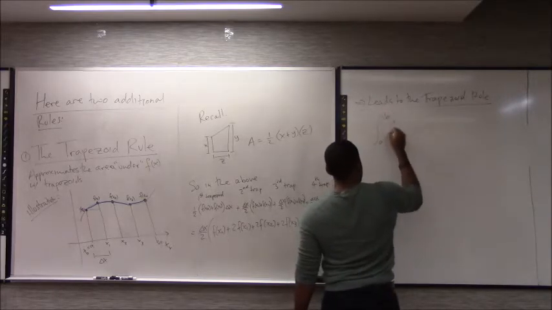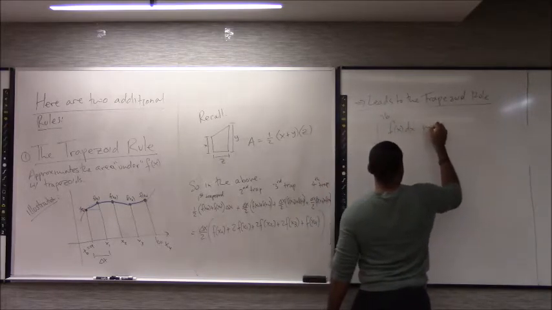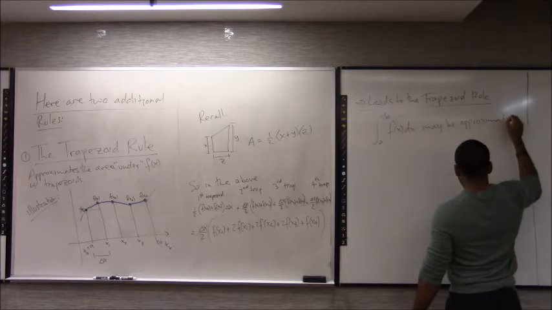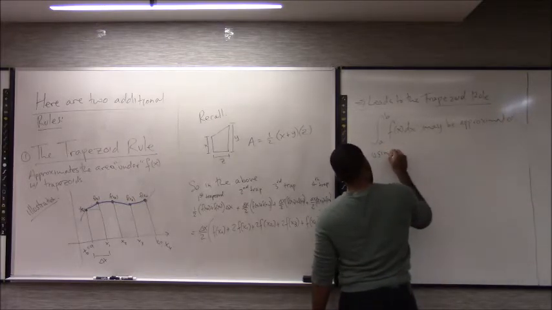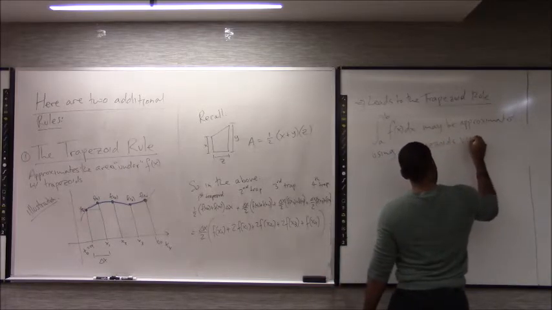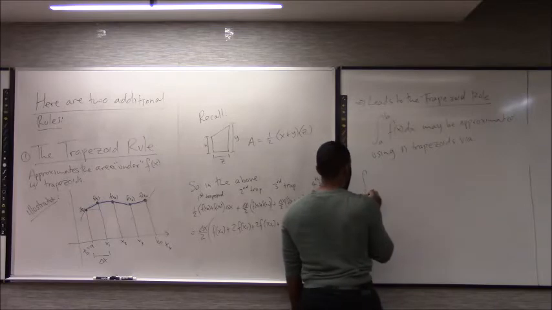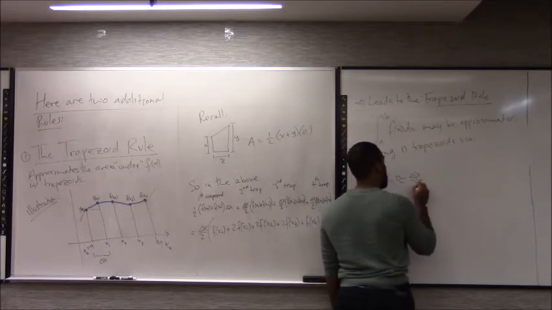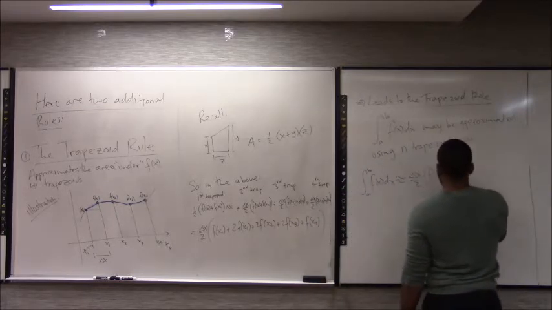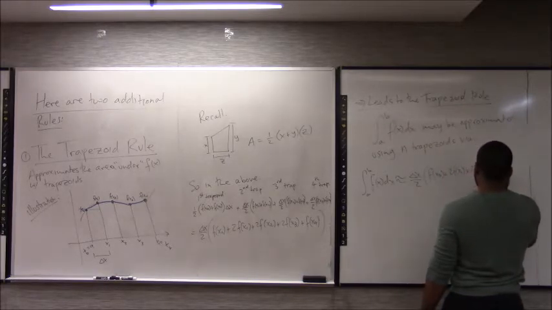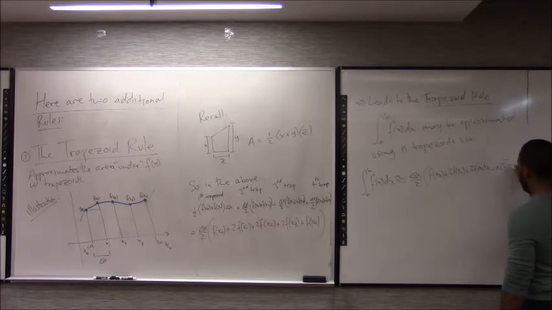The integral from a to b of f of x dx may be approximated using n trapezoids via the following: the integral is approximately equal to delta x over 2 times f of x0 plus 2 f of x1 plus 2 f of x2, and so on, 2 of every one except the first and the last.